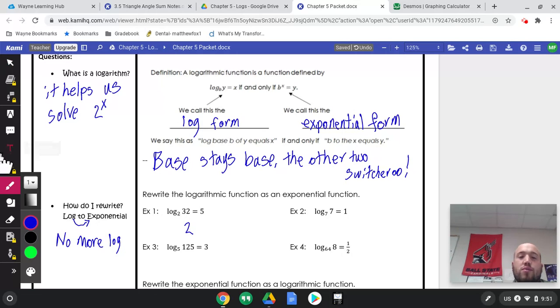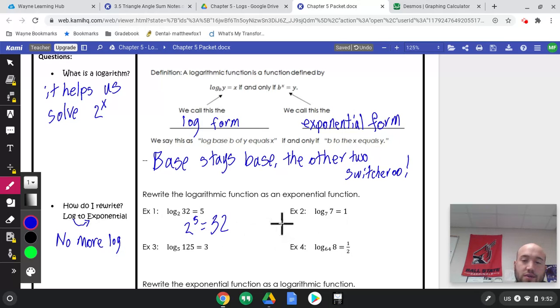Other two switcheroo, meaning 2 was beside the 32, now those two switch places, so the 2 will be on the same side as the 5. So it's 2 raised to the 5th equals 32, which hopefully you know, because 2 to the 5th gives us 32 as our answer.